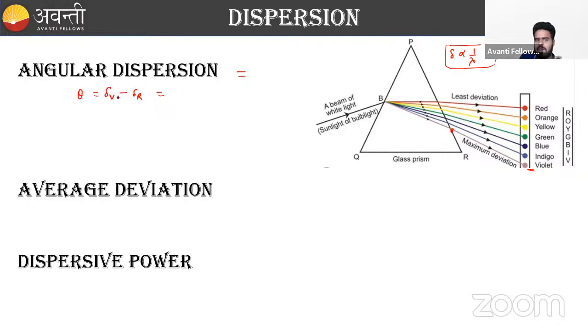We know that in the case of a prism, we can write down the angle of deviation in terms of refractive index. We can write (nB minus 1) into A minus (nR minus 1) into A. In this case, this becomes (nB minus nR) into A. This is nothing but our angular dispersion. So angular dispersion can be (nB minus nR) into A.